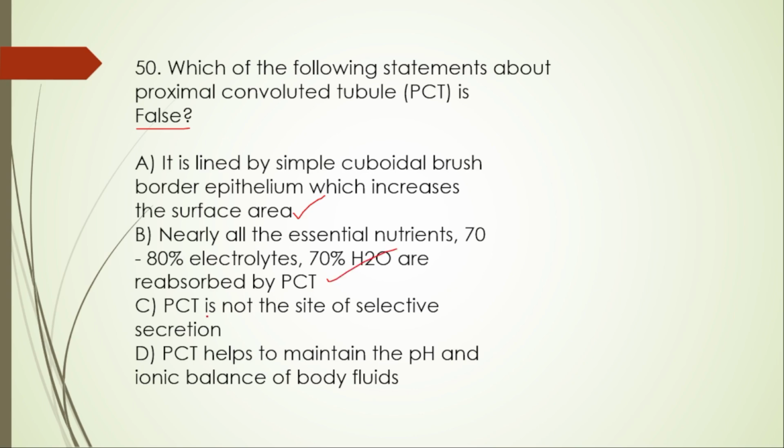Yes, this one is also right. C. PCT is not the site of selective secretion. This one is wrong. Actually, the PCT is actively involved in selective secretion. It secretes substances like hydrogen ions, ammonia, and potassium ions into the filtrate to help maintain the body's pH and ionic balance. So here among them C is wrong.